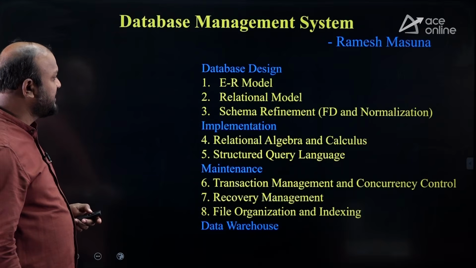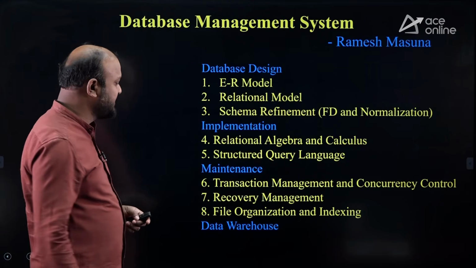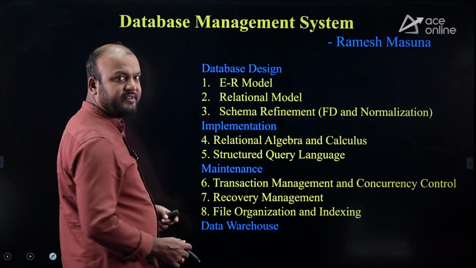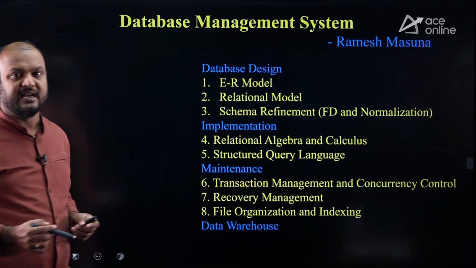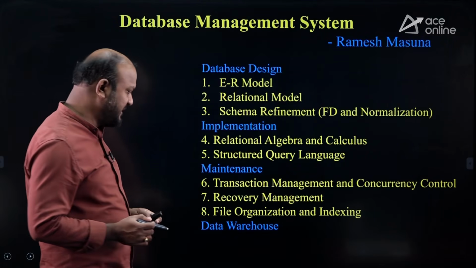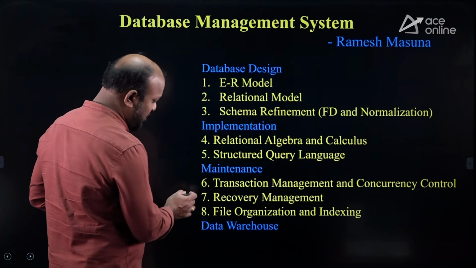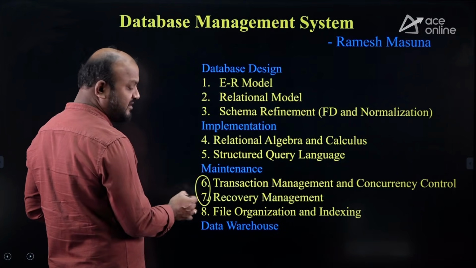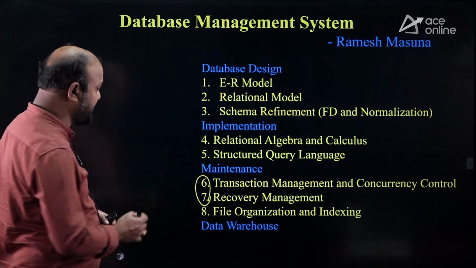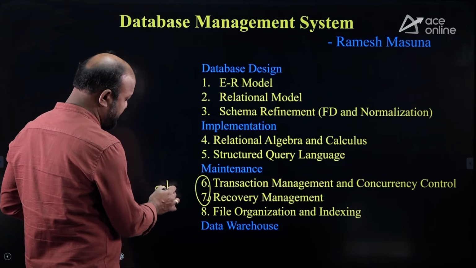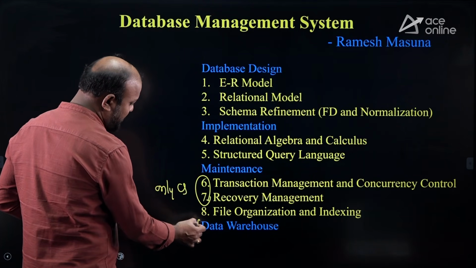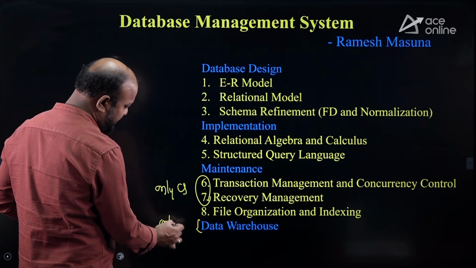Moreover, when it comes to the topics, the syllabus is common for data science, artificial intelligence and computer science people, and the topics of transactions and recovery are not there for DA people, they are only for CS people, and data warehouse is only for DA people.